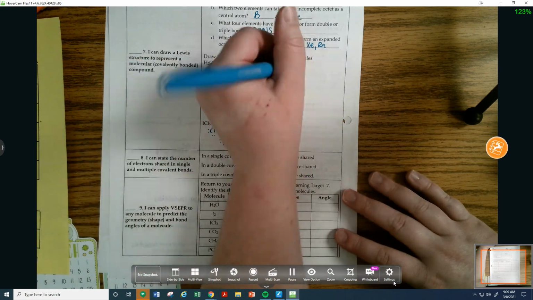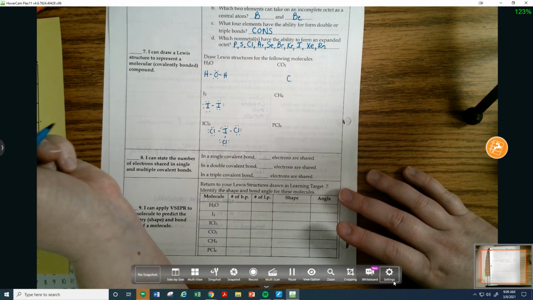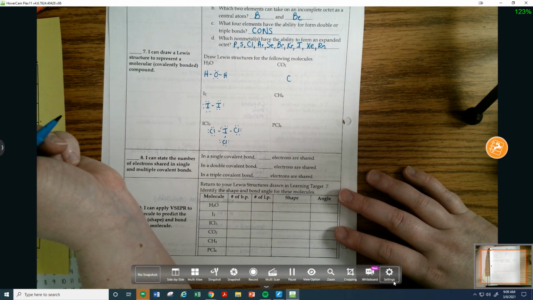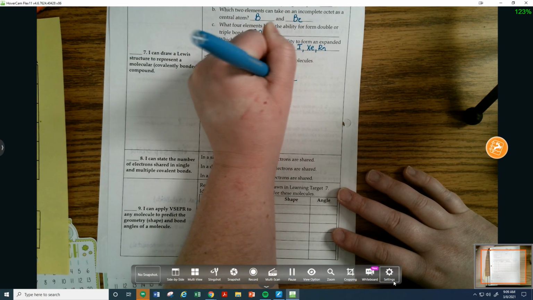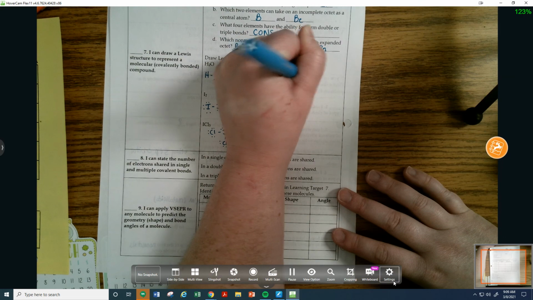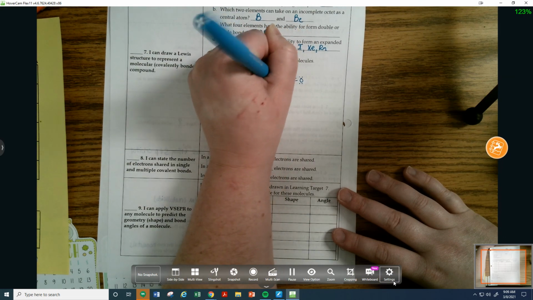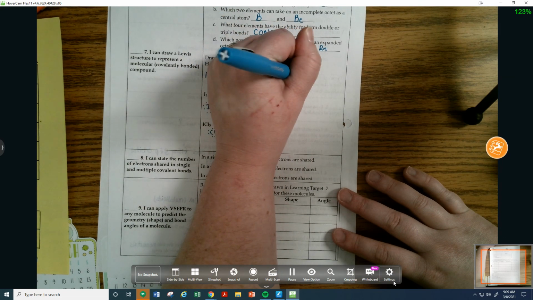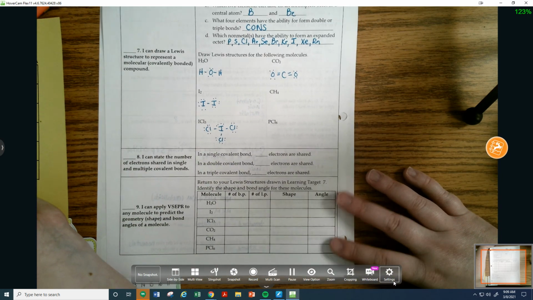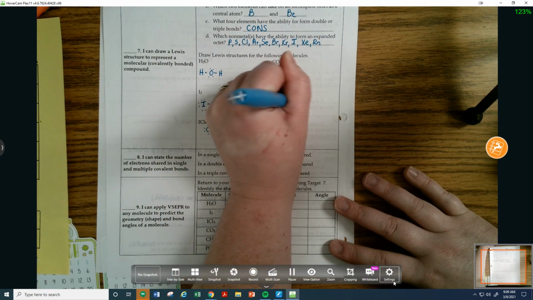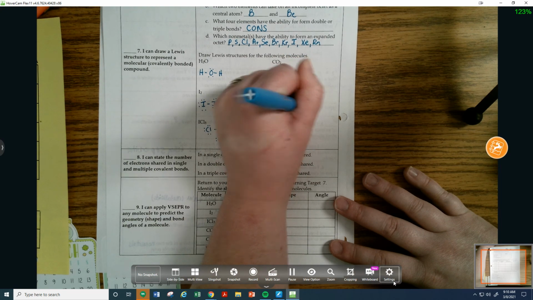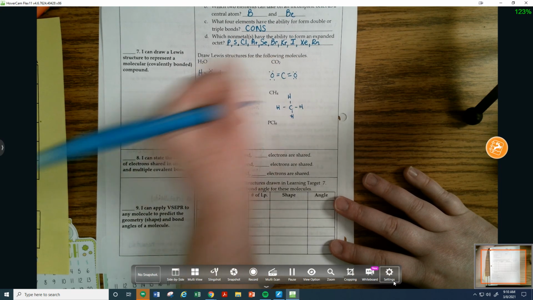Carbon dioxide has a grand total of 16 electrons. This one, you do not have enough to complete your octets. So we have 2, 4, 6, 8, 10, 12, 14, 16. So 2 double bonds are required for that molecule. Methane, CH4, has 8 electrons to spend, and there's your Lewis structure there.